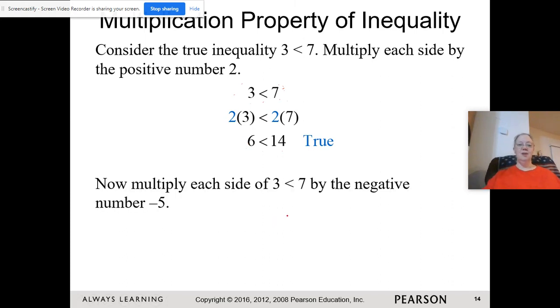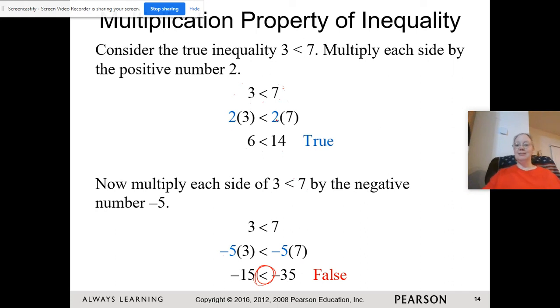Not a problem. The problem comes in when I want to multiply both sides of an inequality by a negative number. If I multiply the 3 by -5 and the 7 by -5, I get -15 is smaller than -35, which is false. So whenever you're multiplying or dividing an inequality by a negative number, we have to remember to reverse the symbol to get a true statement.